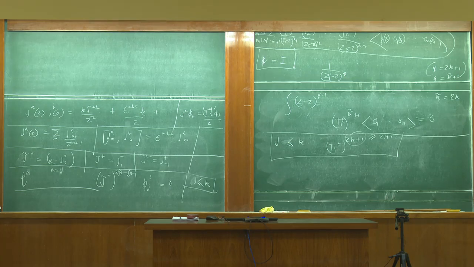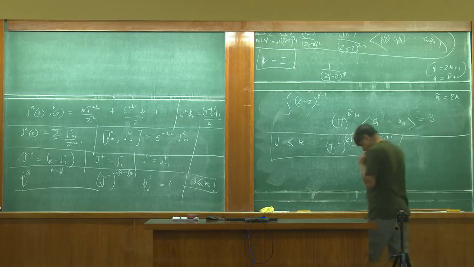So presumably this argument also works for any compact group, I guess. Yes. But for non-compact groups, do these non-unitary representations become important? Good question.